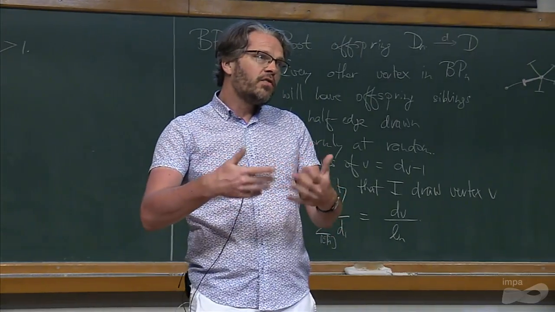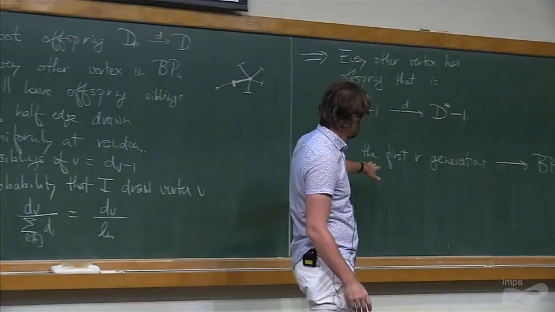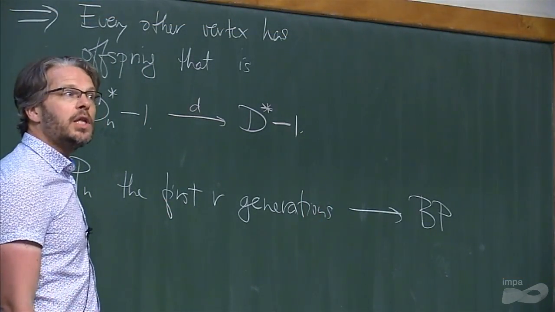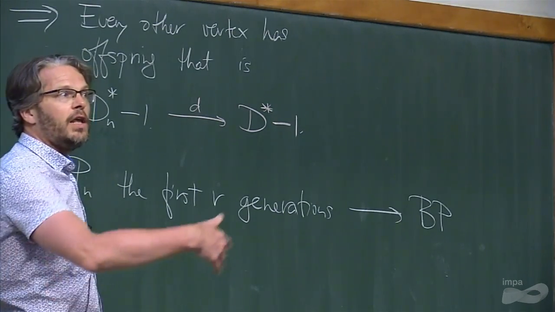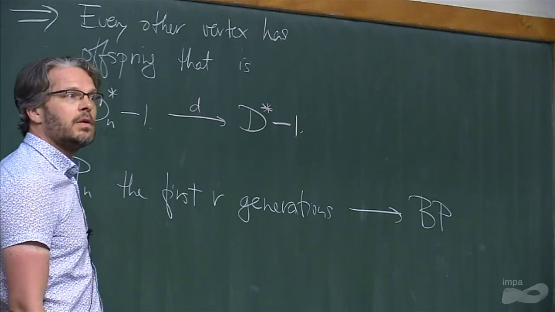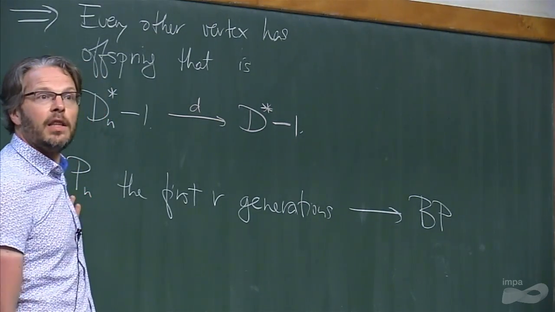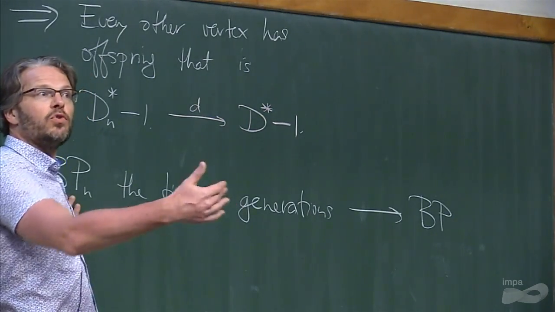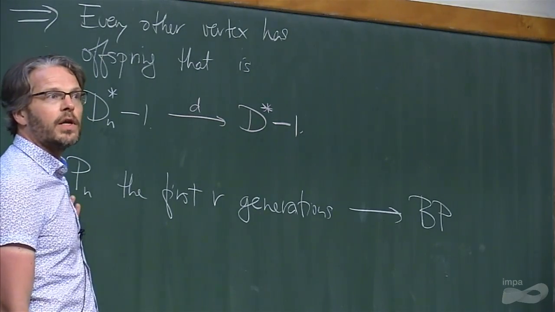Now, since I don't have very many half edges that are being used in these first R generations in the first place, even here, the probability of actually making a mistake is of the order 1 over n for any finite number of generations. Okay? So that couples the graph neighborhood with this n-dependent branching process in such a way that they're the same up to the first R generations with probability of the order 1 minus 1 over n.